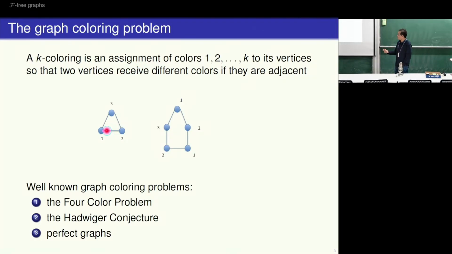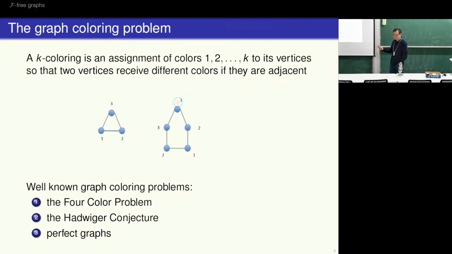For example, for this graph here on the left, you need 3 colors to color it, because every vertex is adjacent to every other vertex. That means they have to receive different colors. You cannot avoid it.